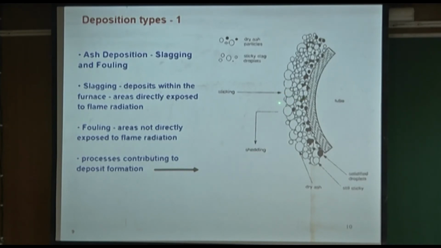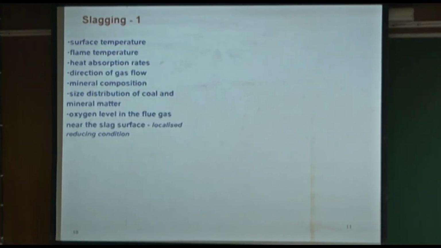If it grows too much, it can shed and drop, but if it doesn't, then it will simply melt. You don't allow that situation to happen if you can, but that depends on the operational management during every shift. So slagging is a function of the surface temperature, which is often measurable.